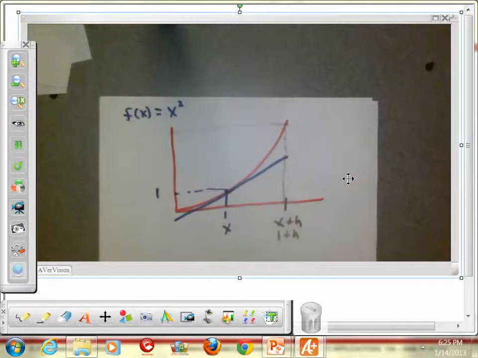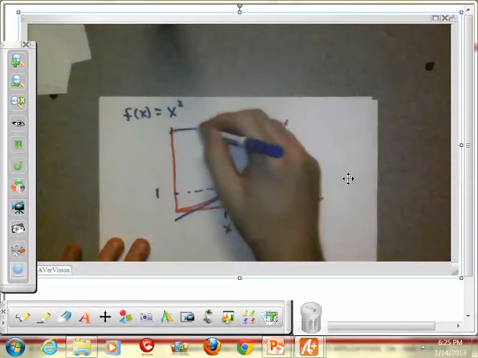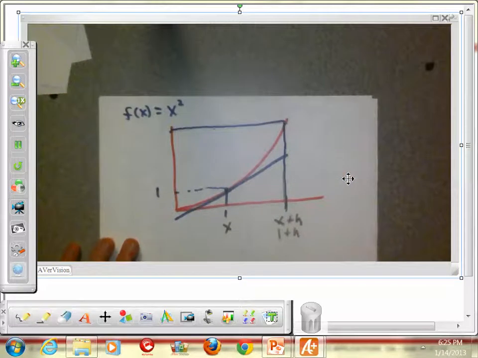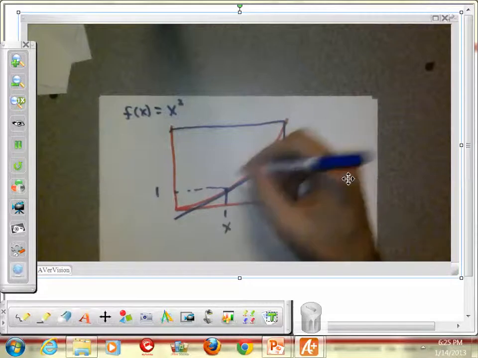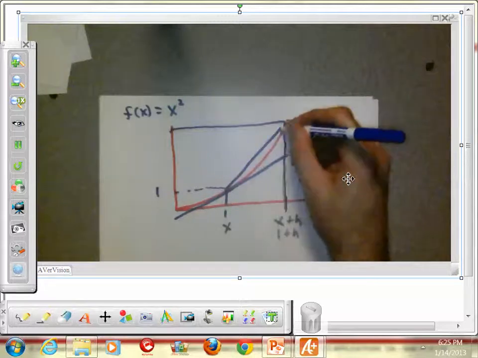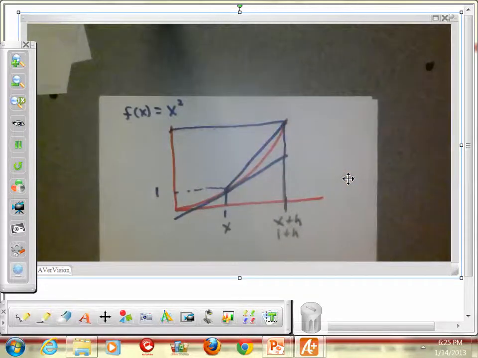Okay? All right? And what we're going to do is not draw the tangent line, but what's called the secant line, or it's just the line between 2 points on a curve. So we're going to connect these 2 points. Okay? And we find the slope of this line.